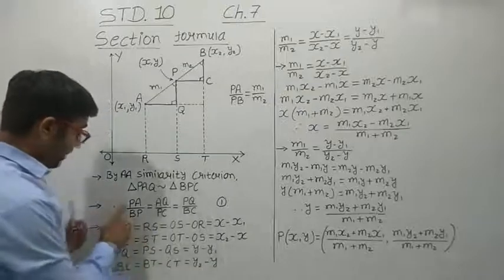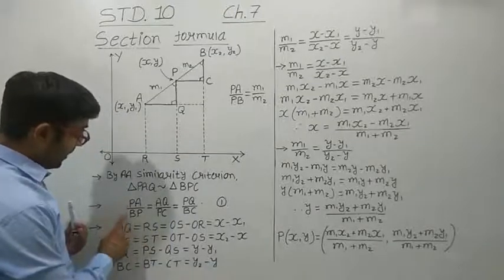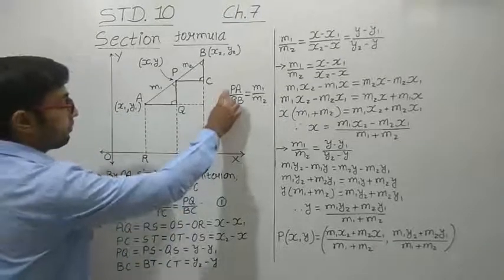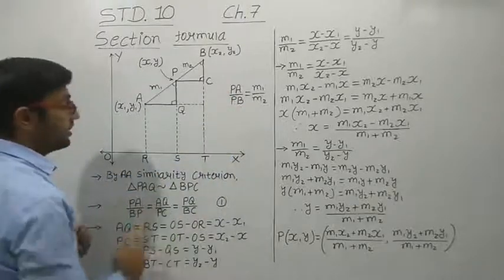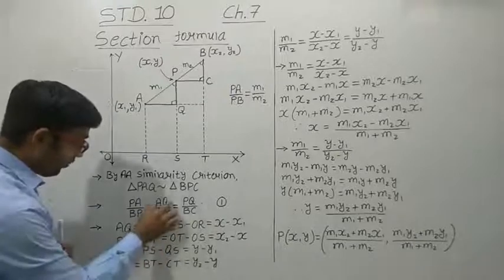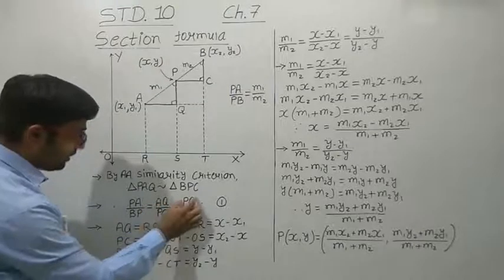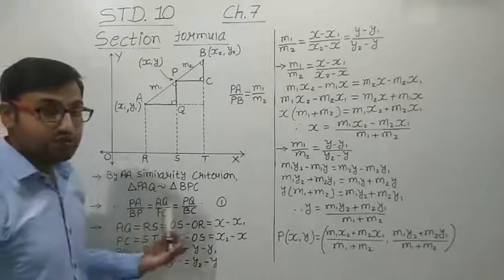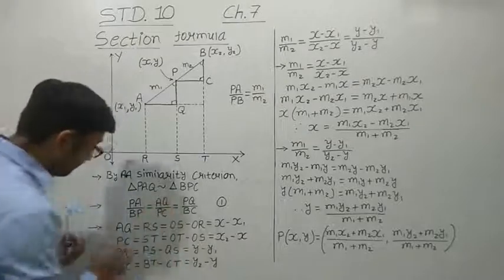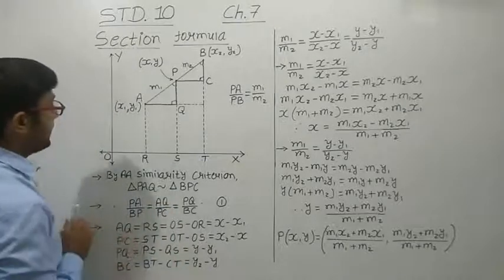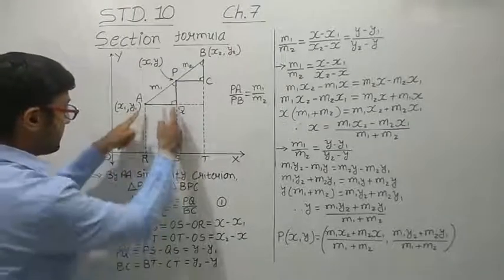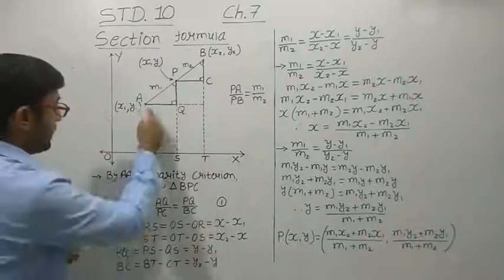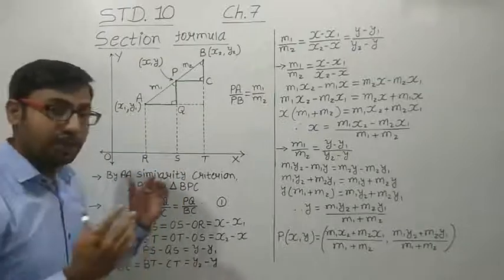So now PA and PB, we have the values here. PA is M1 and PB is M2, this ratio we have. Now we have to find out AQ, PC, PQ and BC. So let us find out the value of AQ. Now see, what is AQ? AQ and RS are equal because ARSQ is a rectangle.